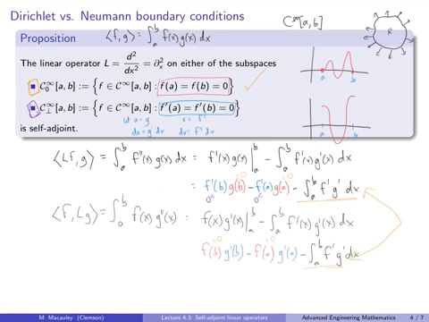So both of these terms drop out, and similarly down here, g prime of b and g prime of a are equal to 0. Both of these drop out. So in both of these cases, these two terms drop out, and the inner product of Lf and g is equal to the inner product of f and Lg, and that's precisely what it means for L to be self-adjoint.